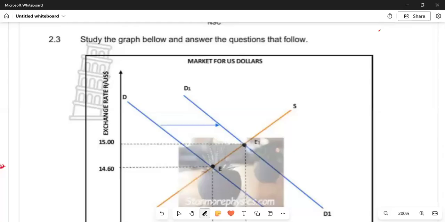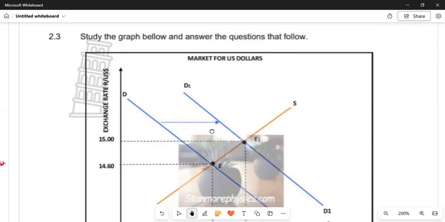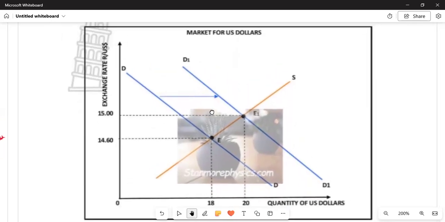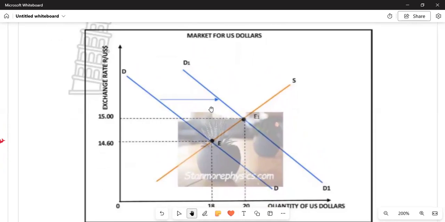We are given a graph that we are to study.